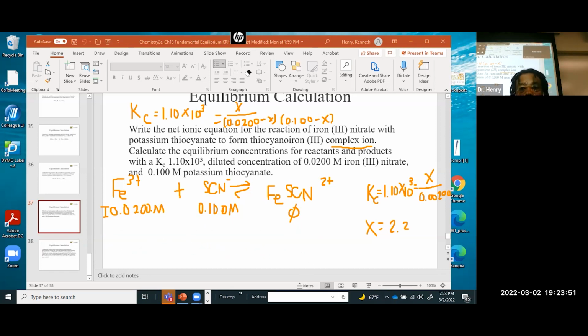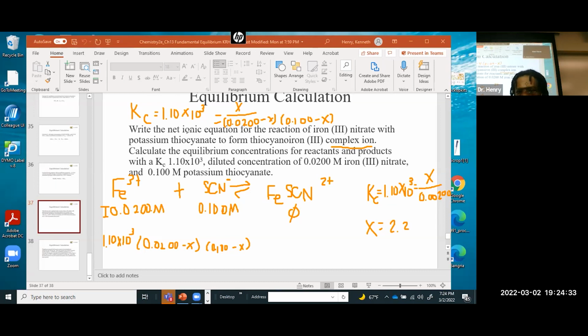Okay. So then we'll get 0.0200 minus x times 0.100 minus x times 1.10 times 10 to the third.